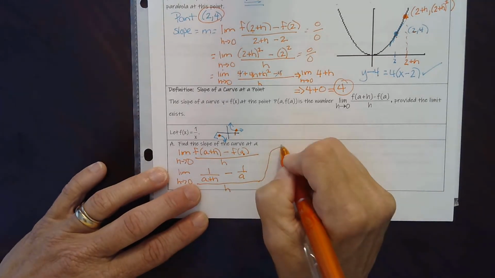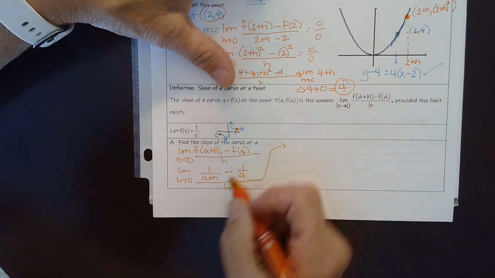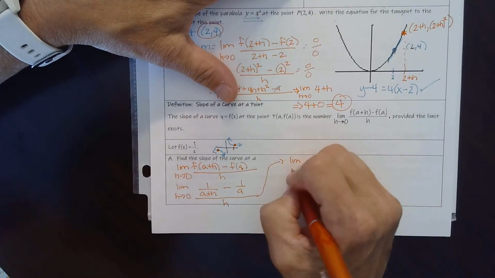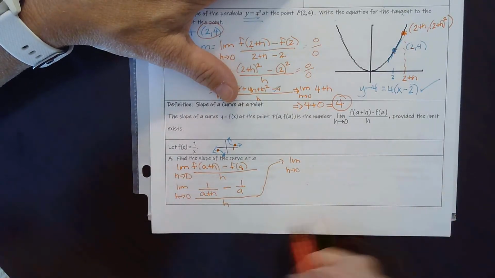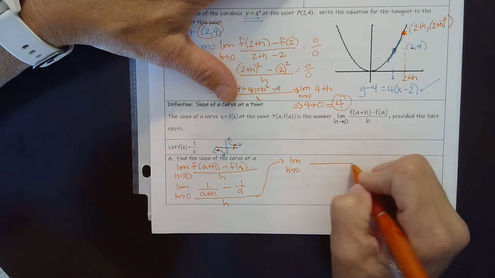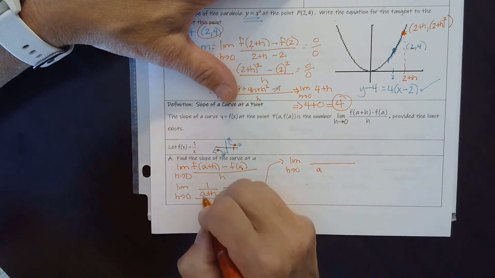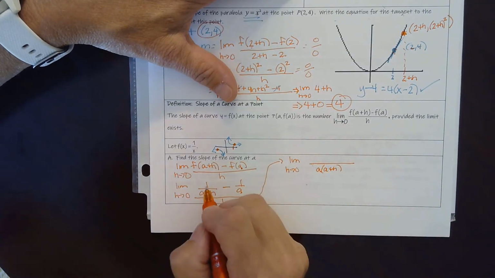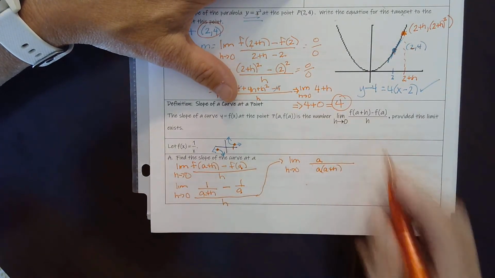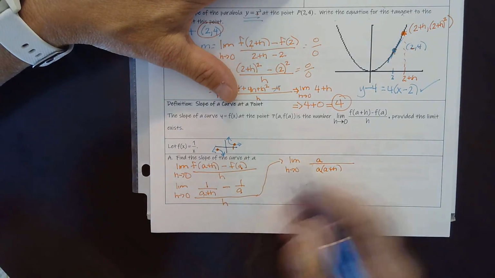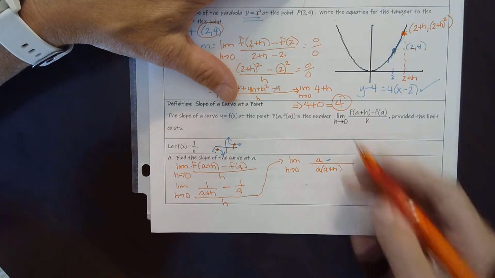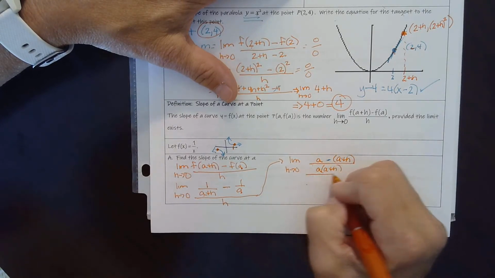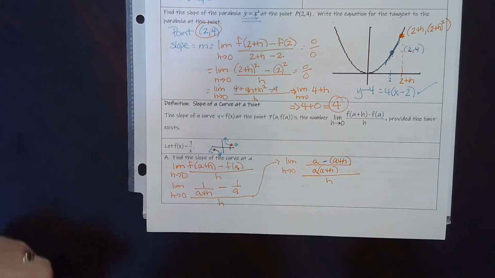So, going back up here, I need to find a common denominator. There's my limit as h approaches 0. My common denominator is going to be a times a plus h. This numerator becomes a. I will subtract, in parentheses, a plus h, and all of that is going to be divided by h.